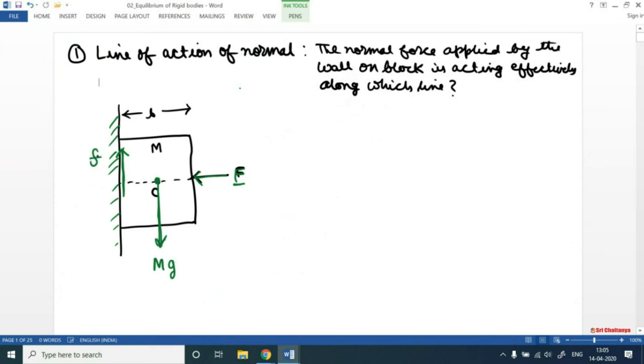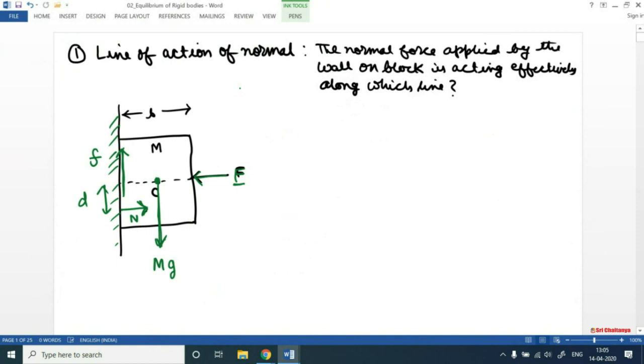So this is F, and there would be some normal acting on that body as well. Obviously the normal would be in the rightward direction, but right now we don't know through what point the line of effective normal would be passing. So we will draw it later. Let's say the normal would be somewhere here. We are interested in finding out this distance d, where this normal is acting.